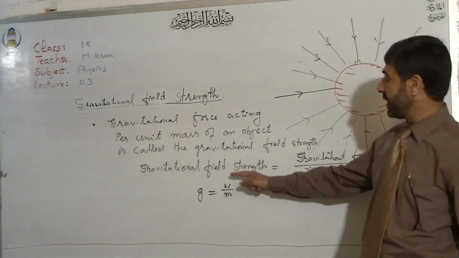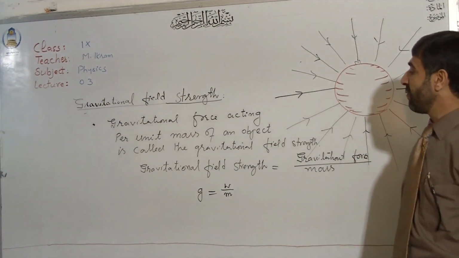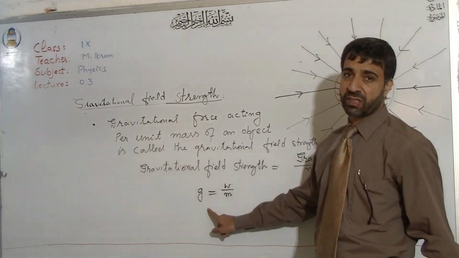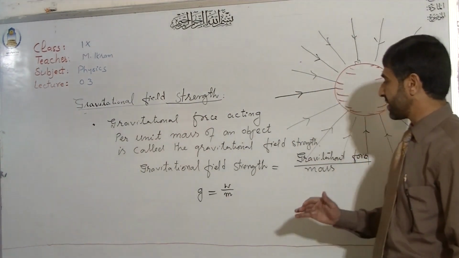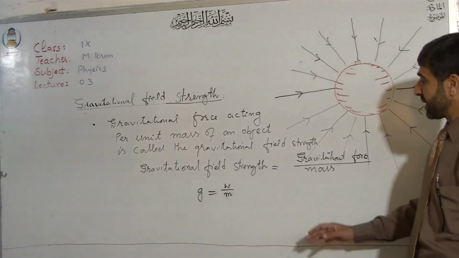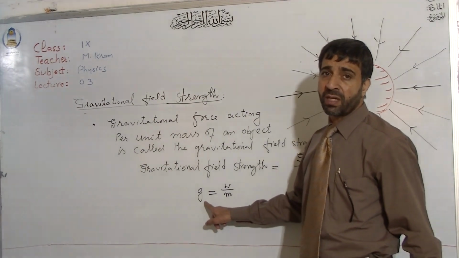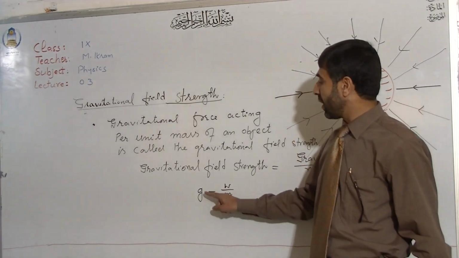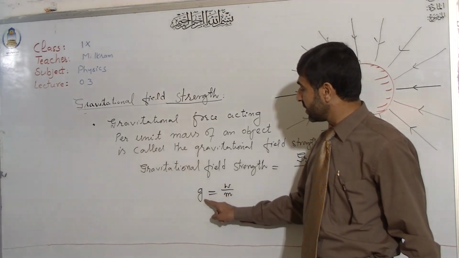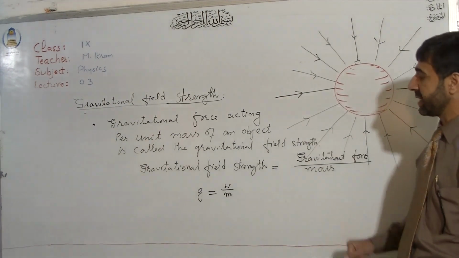This gravitational field strength is another name for the gravitational acceleration which you have studied in the kinematics chapter. It specifies how strong the gravitational force of an object or planet is. So if you have a greater g, you have a greater gravitational field strength.